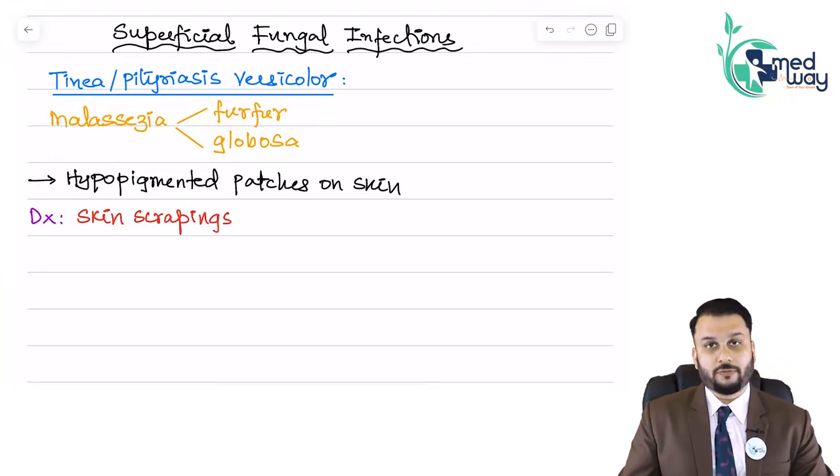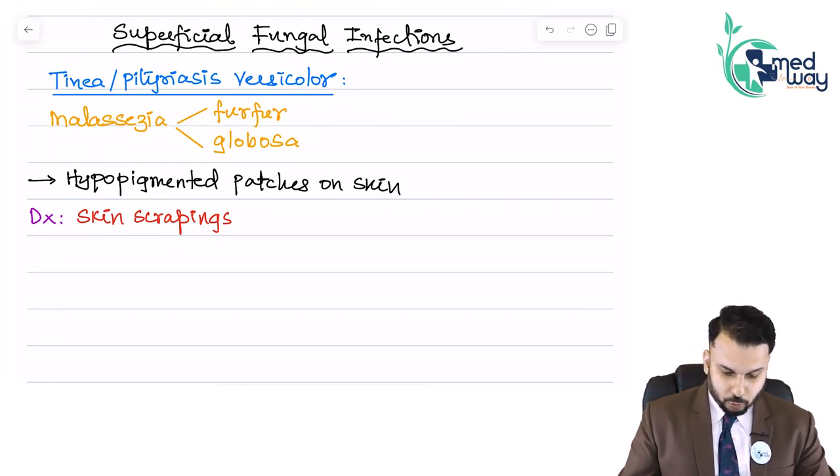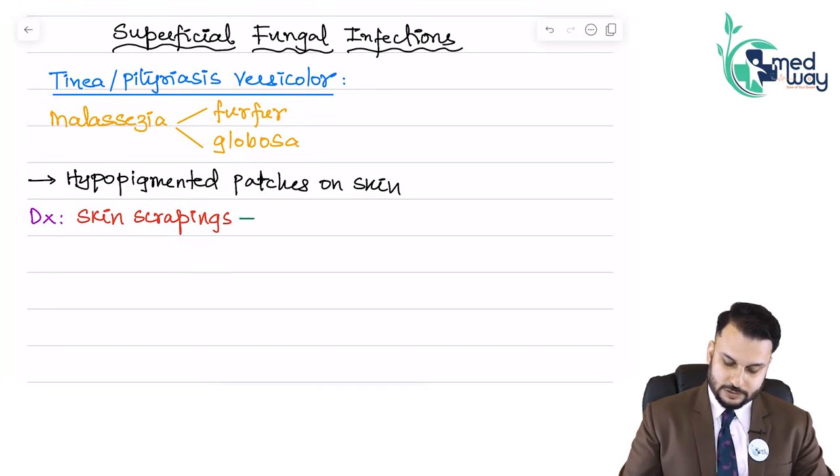And once we have collected the skin scrapings, you can actually do two things with this. One thing is the wood lamp examination. Okay, you might have heard about this test, wood lamp examination.